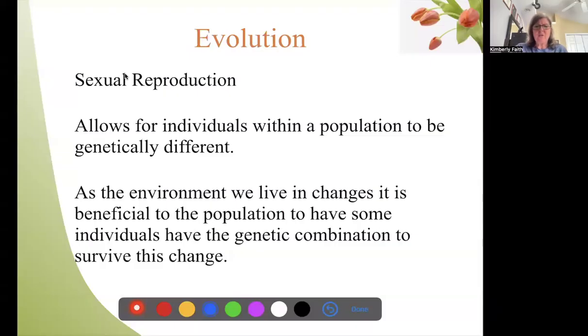So having numerous individuals that do survive in order to keep our species going. And those differences may allow those individuals to survive whatever has changed in our environment that has put individuals at risk. All right. So very, very important for genetic variation.